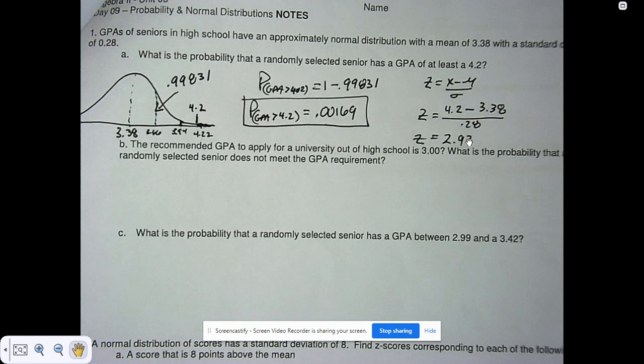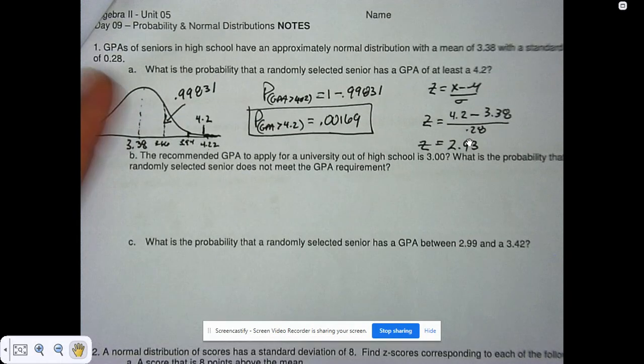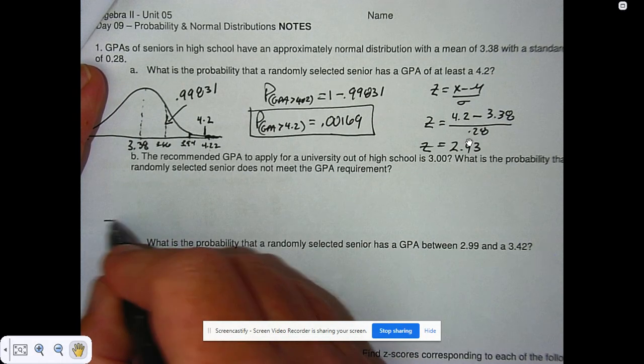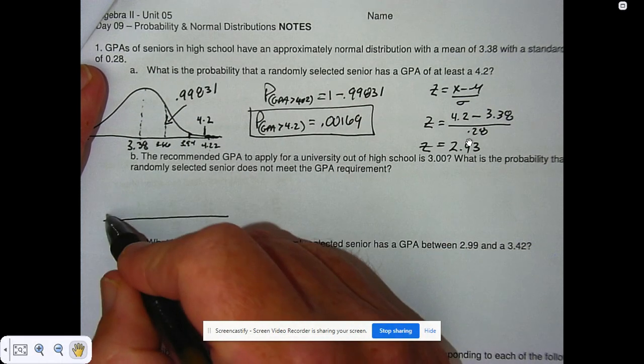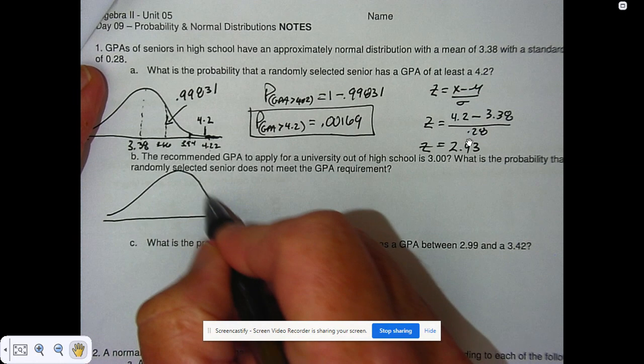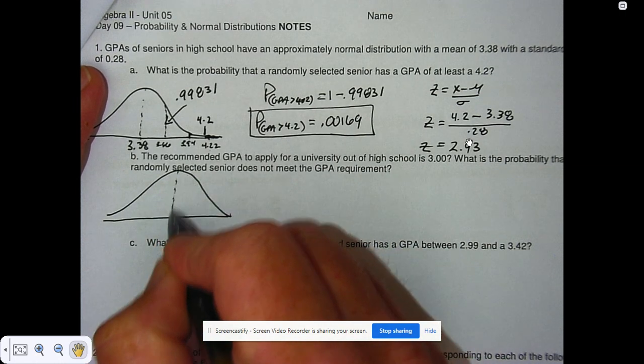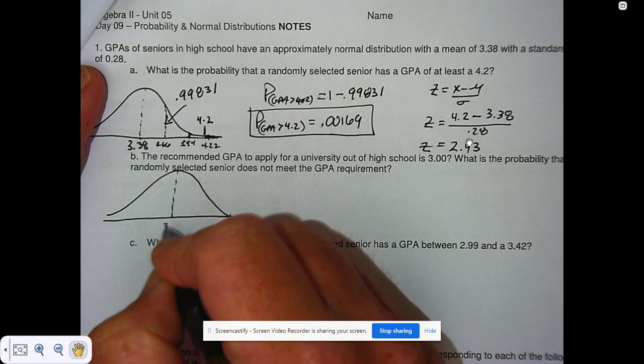Next question. The recommended GPA to apply for a university out of high school is 3.0. What is the probability the randomly selected senior does not meet the GPA requirement? Okay, so let's draw that curve again. And we'll label it with the mean, which is 3.38.